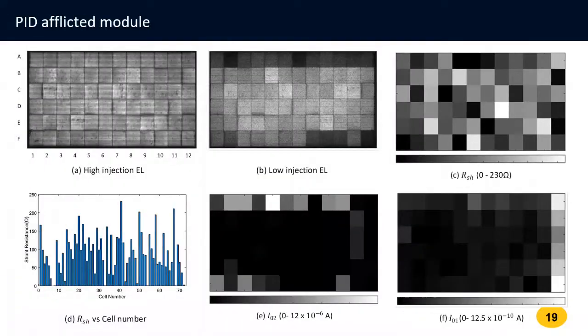Okay. And then, to understand what's happening in this module, I'm comparing the electroluminescence images at high and low injection to the shunt resistance values, the saturation current of the defect-related recombination and of the bulk recombination.